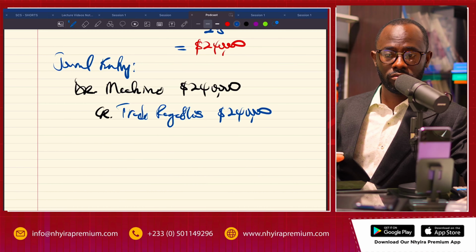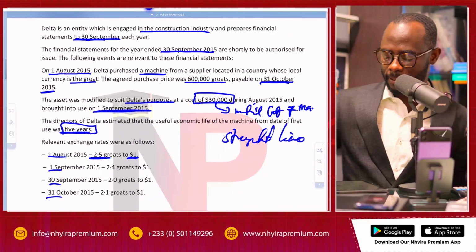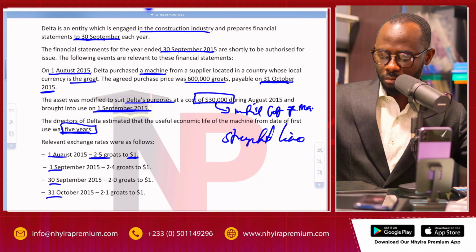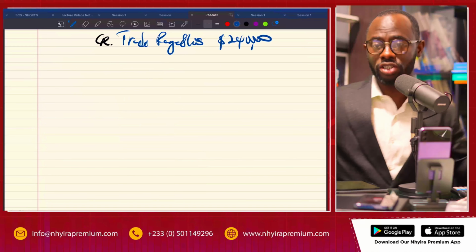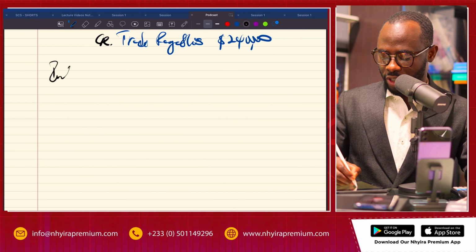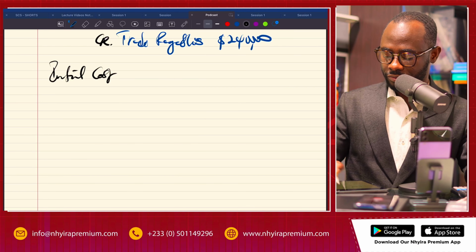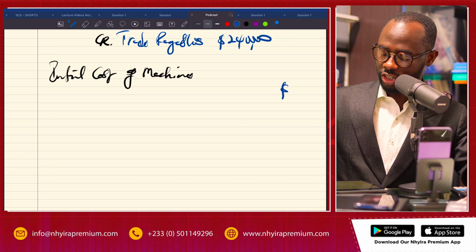All right? But we're not done, because we are told that the entity incurred a modification cost of 30,000. So for us to determine the initial cost of the asset, it's going to be different. So we come to the initial cost of the machine. So we slash in the currency sign.